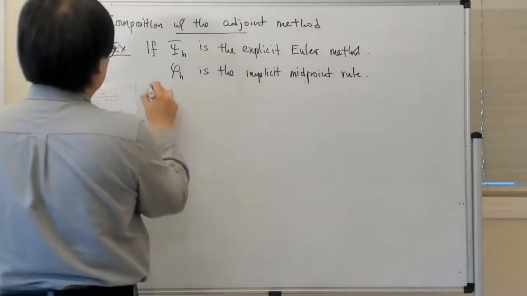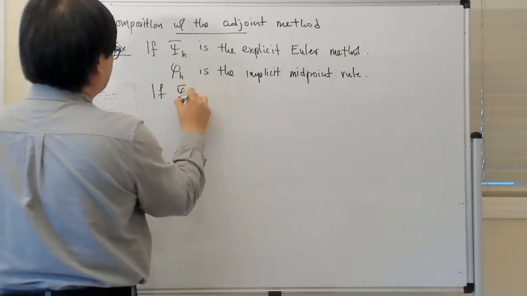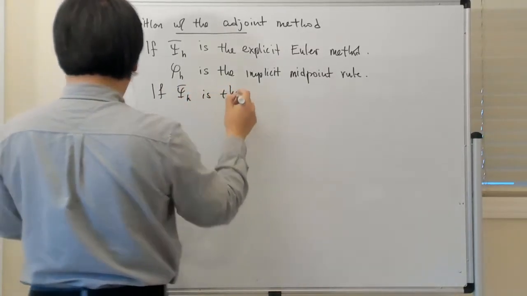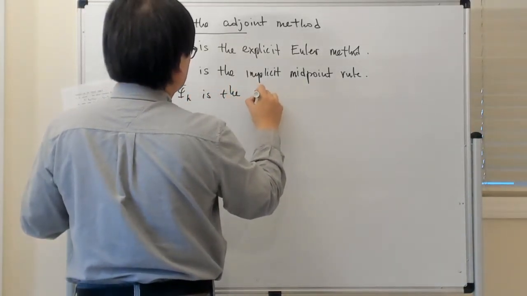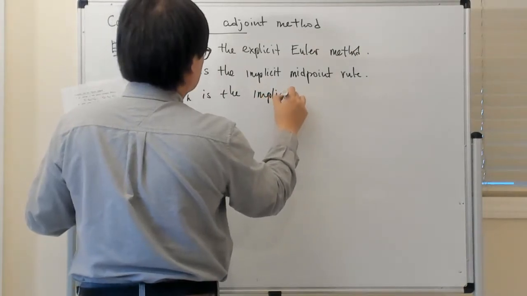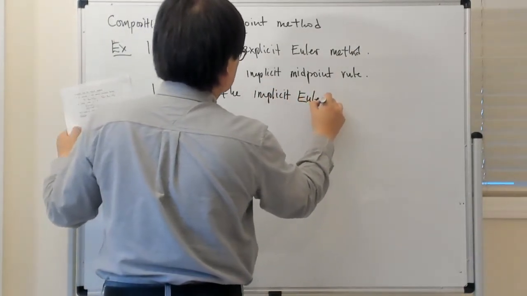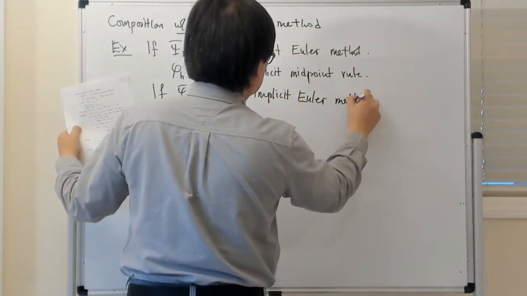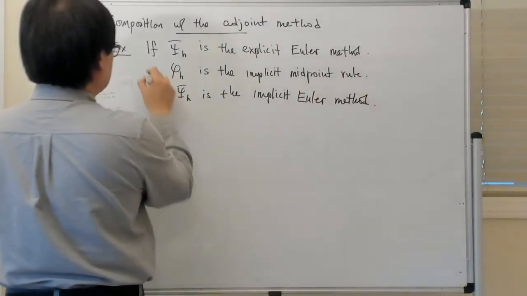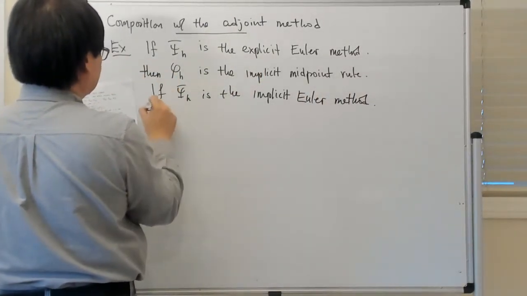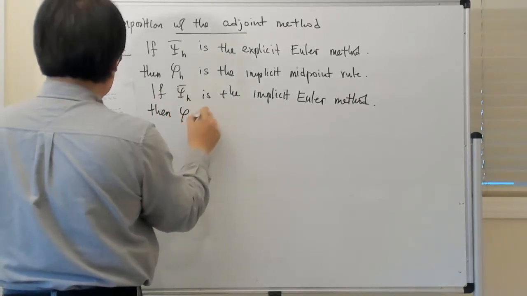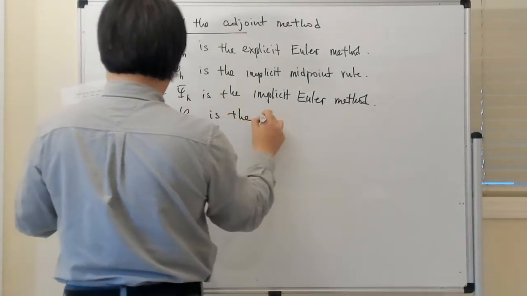And if the underlying one-step method is the implicit Euler method, the composition is the trapezoidal rule.